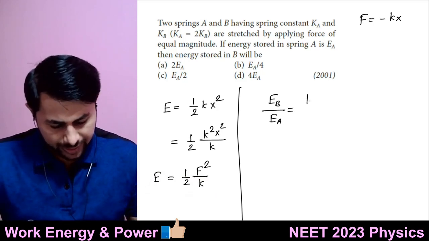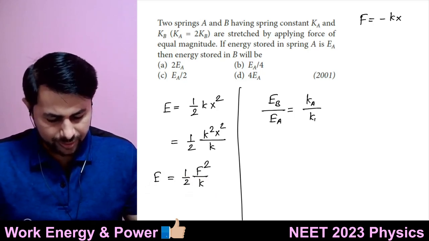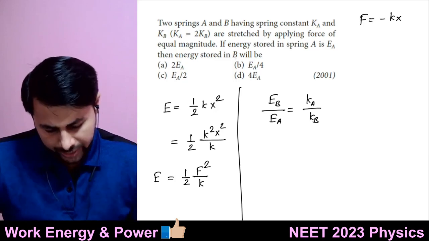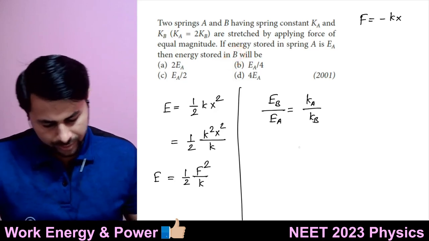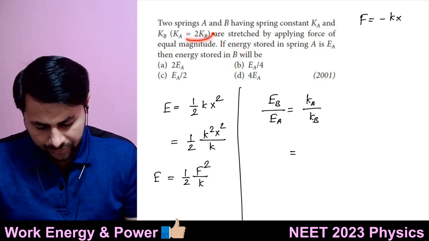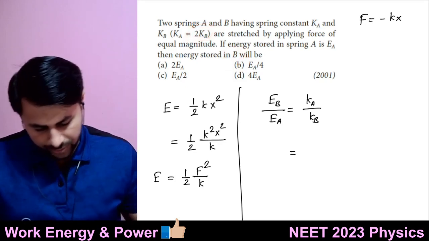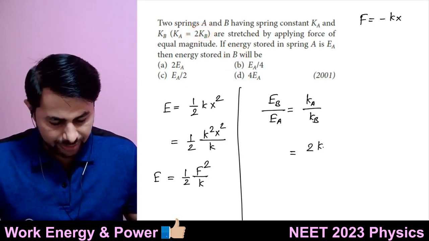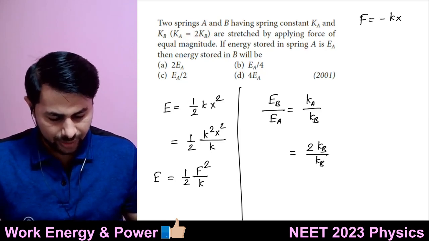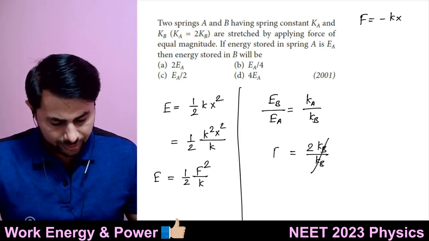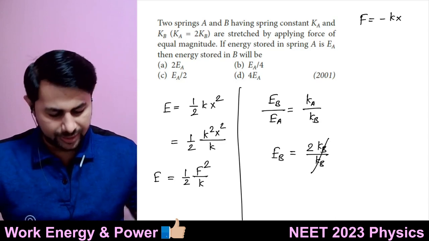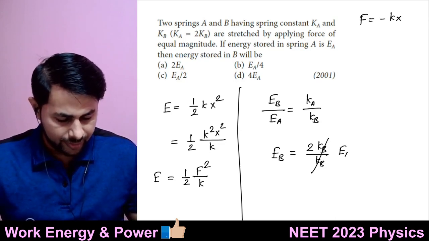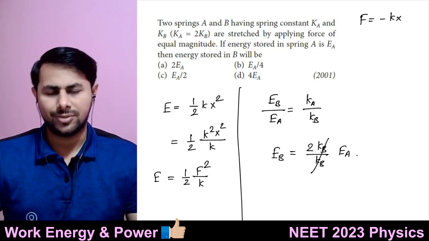And Ka is equal to 2 times Kb, so it is 2 times Kb upon Kb. Kb cancelled. So EB is equal to, taking EA to the other side, 2 times EA. So this is the answer.